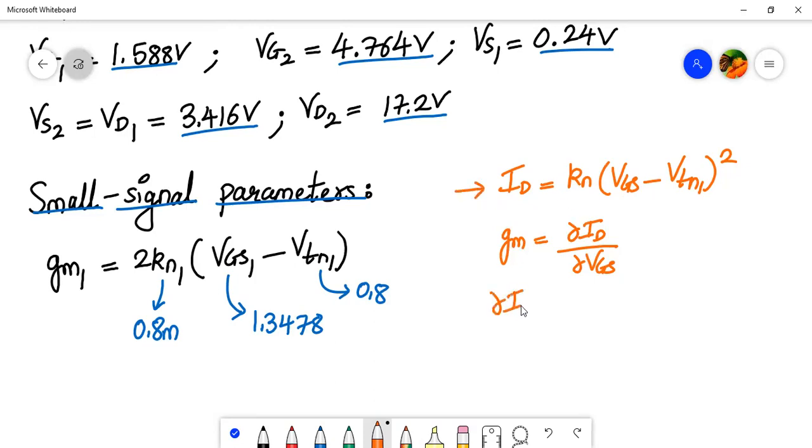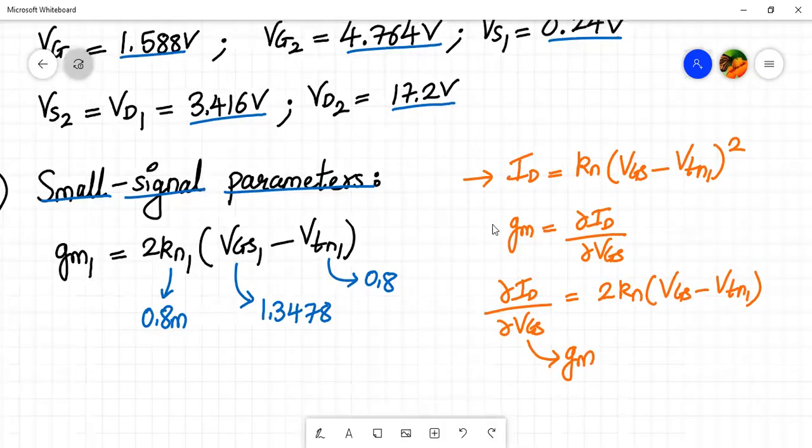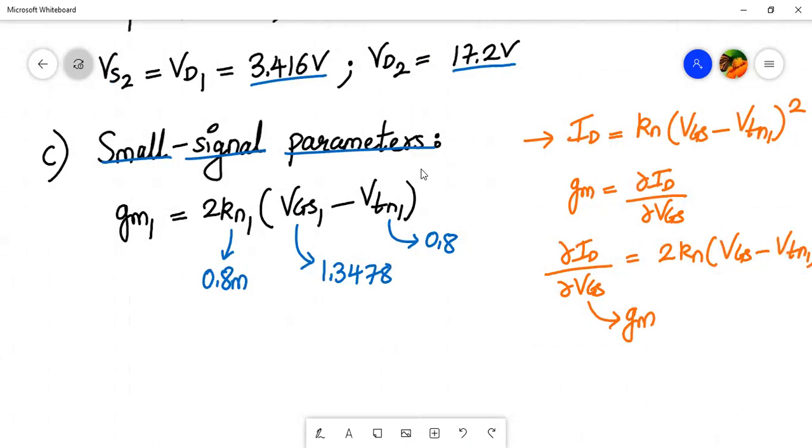We get delta ID upon delta VGS, and here this 2 will come out and you'll get twice Kn times VGS minus VTN. Okay, so that's how we got the expression of GM, and this is nothing but the value of GM itself. Sometimes you get confused in the moment. You can just substitute as square and everything will go wrong. So be very, very careful around this, simple mistakes.